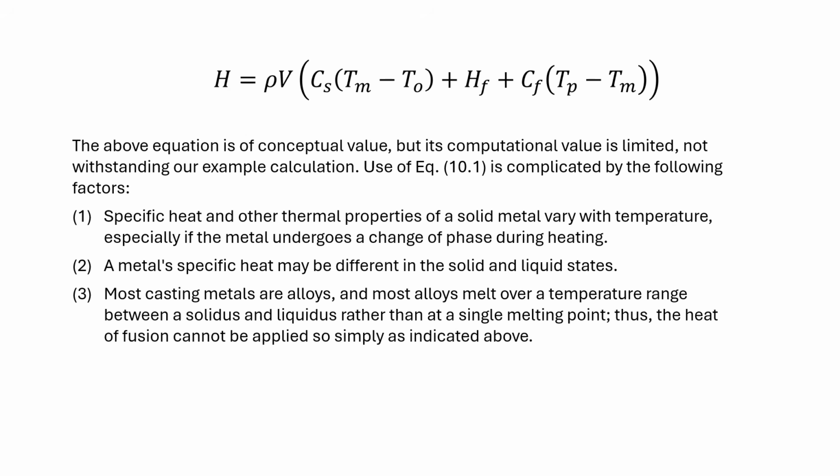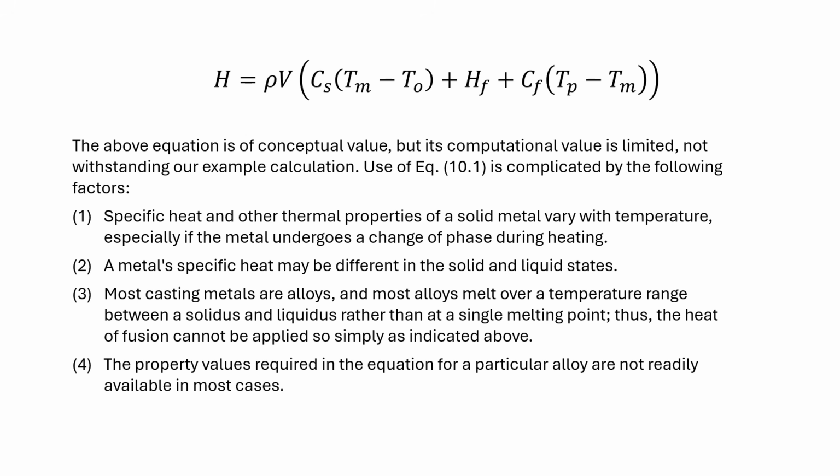Third, most casting metals are alloys, and most alloys melt over a temperature range instead of a single temperature. The range is between the solidus and the liquidus, rather than a single melting point like in a pure metal. Thus, the heat of fusion cannot be applied as simply as indicated in the example.